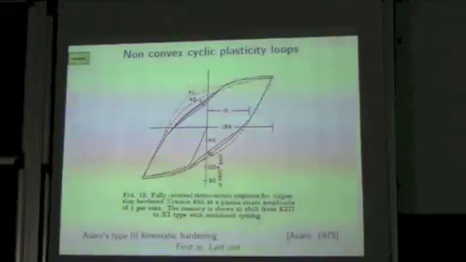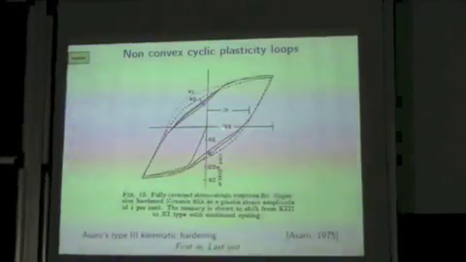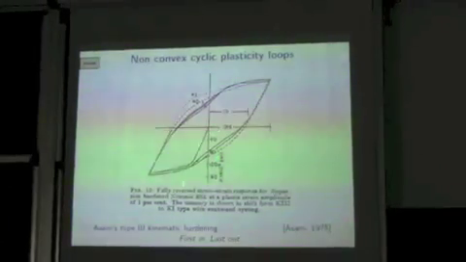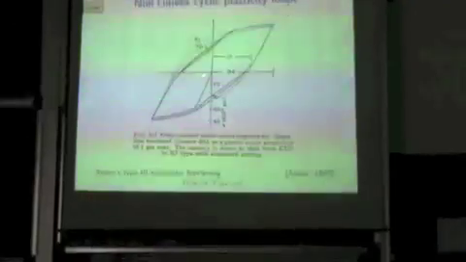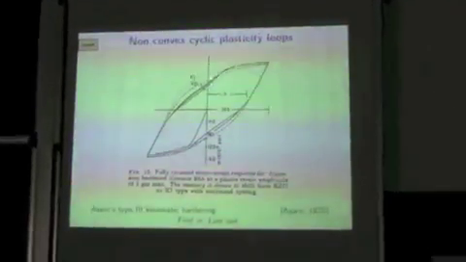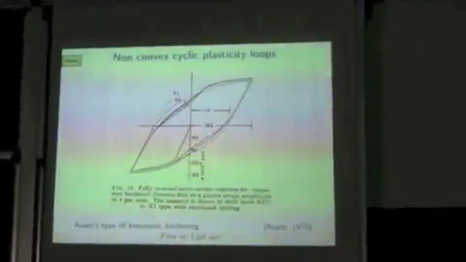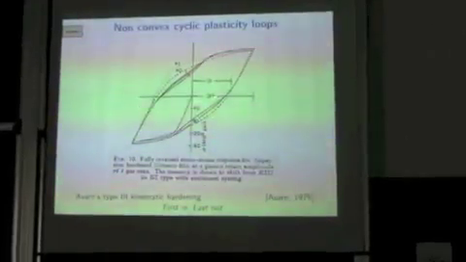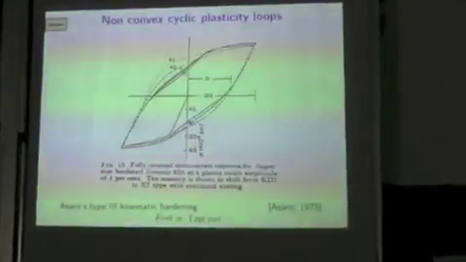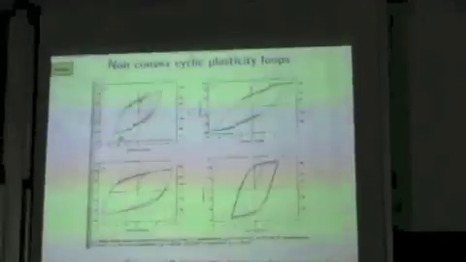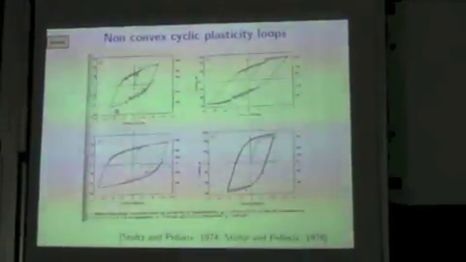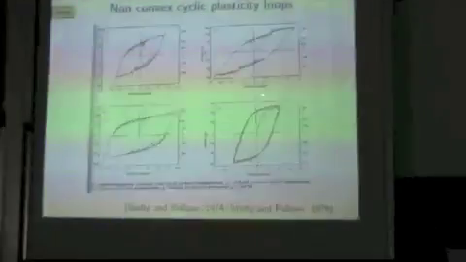If you look at the paper of Azaro, a very old paper, he gives some examples of experiments on a superalloy, in fact, where you have indeed some strange shape, at least for the first cycle. And after that, if you accumulate cycles, you will see that you get the classical one. Look, the classical cyclic loops are like this one.